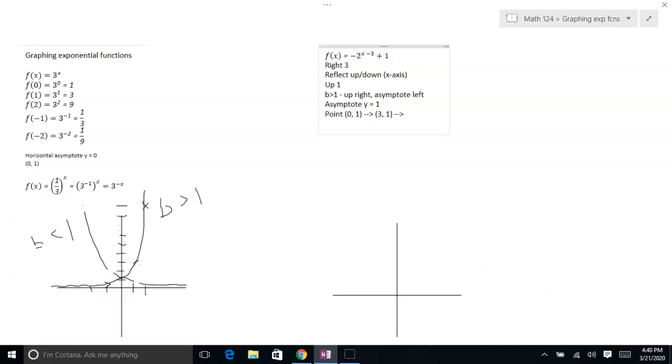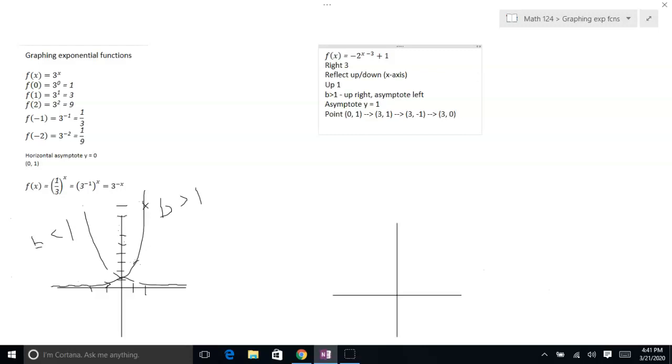Then it's going to reflect across the x-axis. Well, that's an up to down reflection, so that's not going to affect the x-coordinate, but the y-coordinate will be the same distance away on the opposite side of the axis, so negative 1 instead of positive 1. Finally, we're going to move the whole thing up 1. Well, that's a y change also, so my new point is at (3, and then I'll move up 1 from negative 1 to 0).